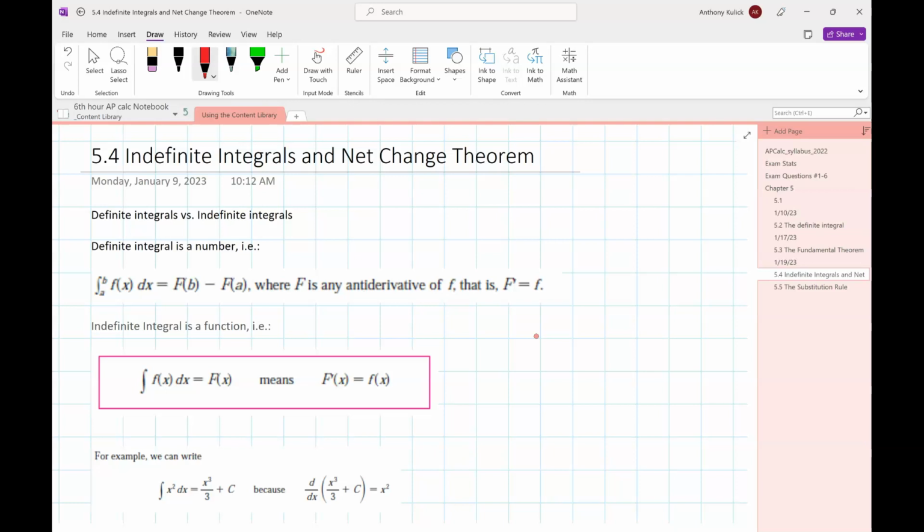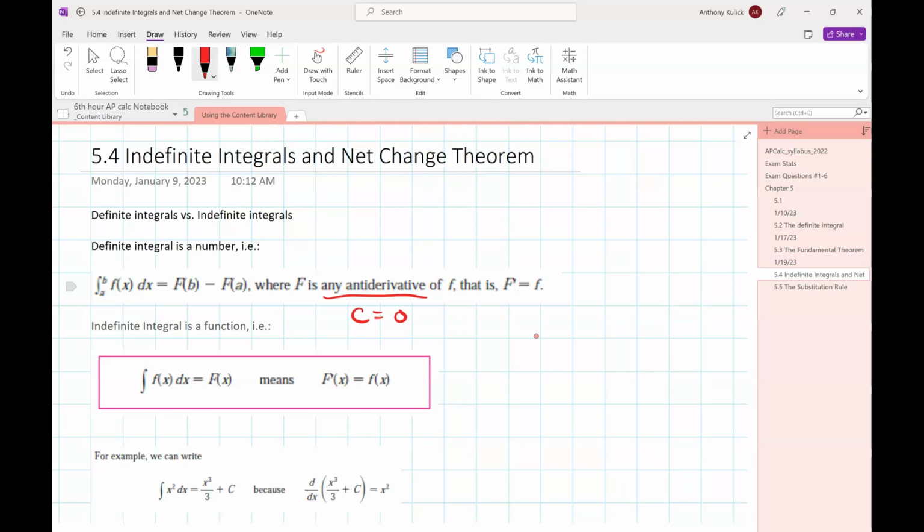And that's true for any antiderivative of f, i.e., we're going to pick when the constant is 0. Since we can pick any antiderivative, let's just pick the one where it's 0.